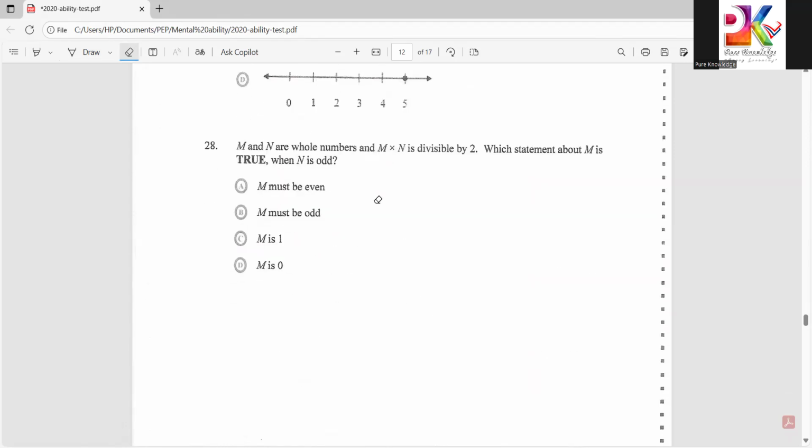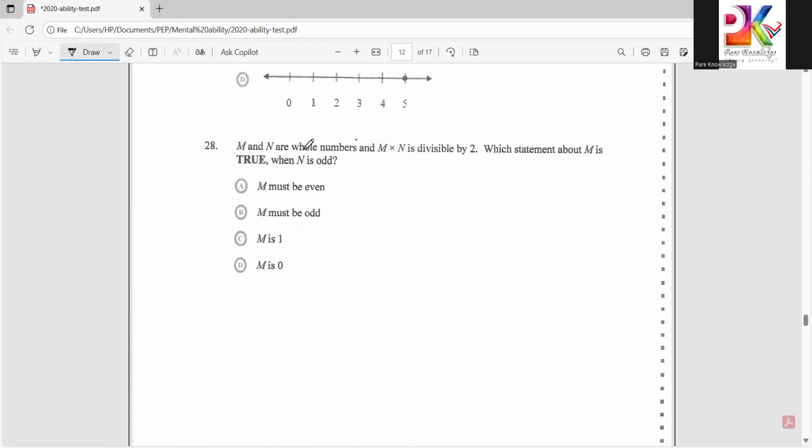28 says that M and N are whole numbers, and M times N is divisible by 2. Which statement about M is true when N is odd? So, M and N are whole numbers. That's a fact.